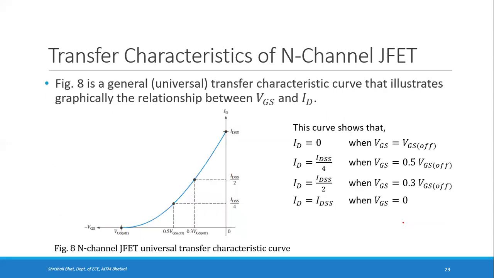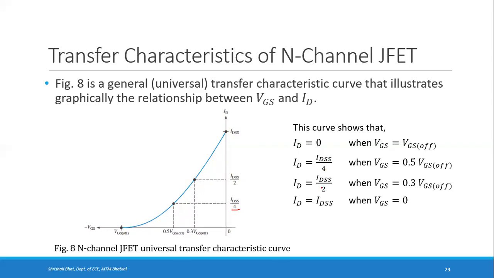So this is the transfer characteristic of an N-channel JFET, which you call the universal transfer characteristic, where you can relate the values. It shows ID is equal to 0 when VGS is equal to VGS off. ID is IDSS by 4, one fourth the value, when VGS is half the value of VGS off.